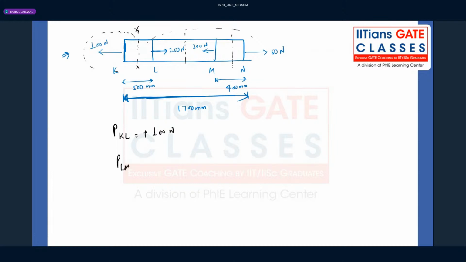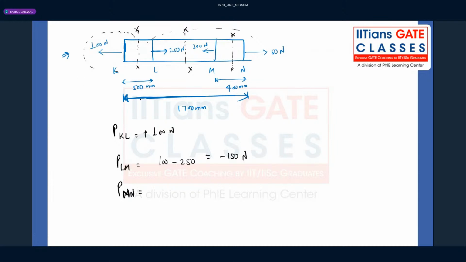What is the load acting in LM at any section? Calculating from the left hand side, 100 is going away, but minus 250, because it is coming towards the cross section. What is the load acting in the MN section?